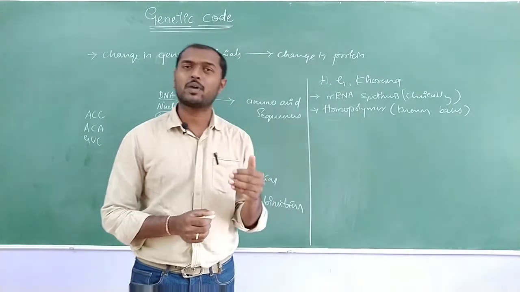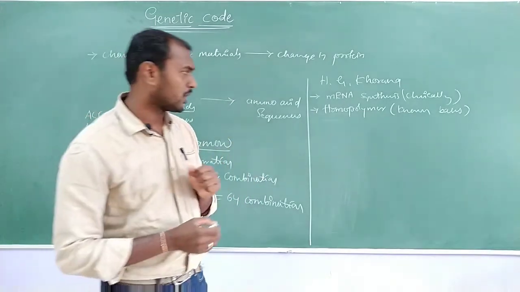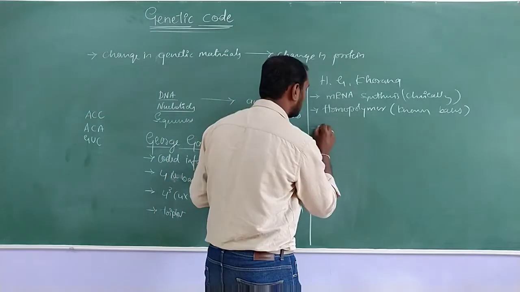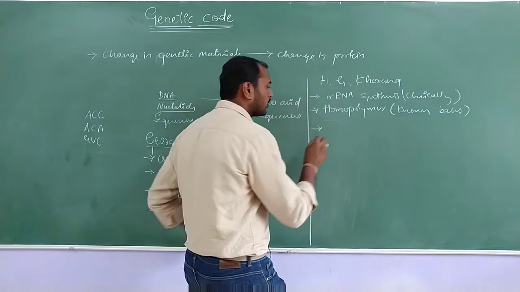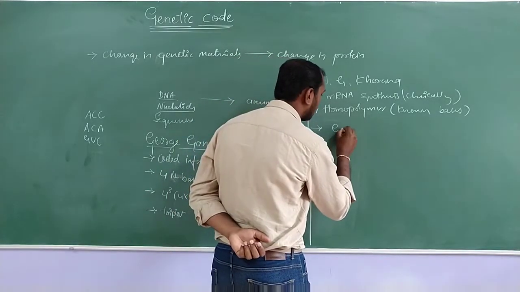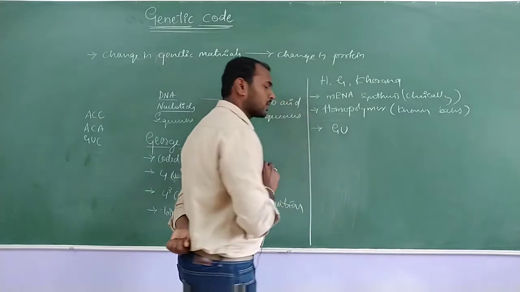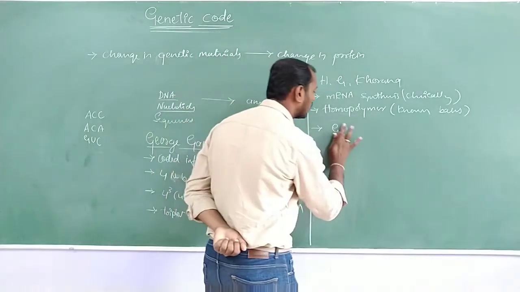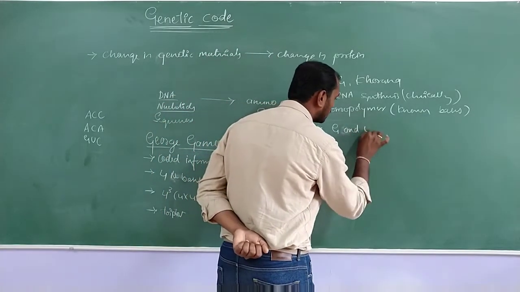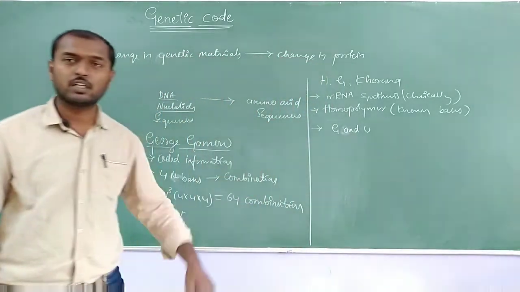He did it purposely, that is, he prepared the homopolymer, which is made up of only G and U. Okay, so it is made up of only G and U. What happens with that G and U, we will see ahead.